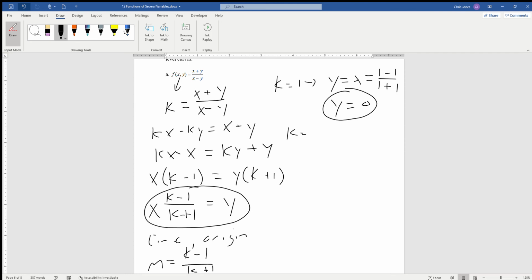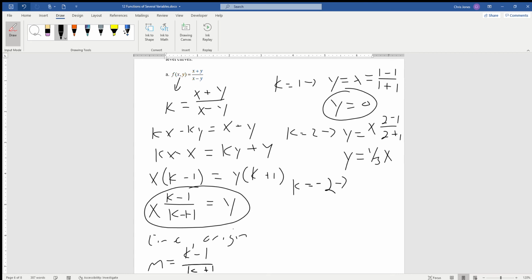If k is equal to 2, that leads to y equals x times 2 minus 1 over 2 plus 1, or y equals 1/3 x. Let's say k is negative 2. K doesn't always have to be positive.